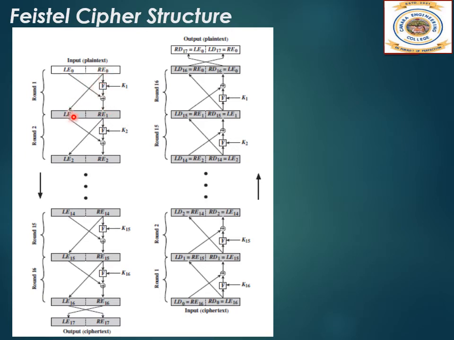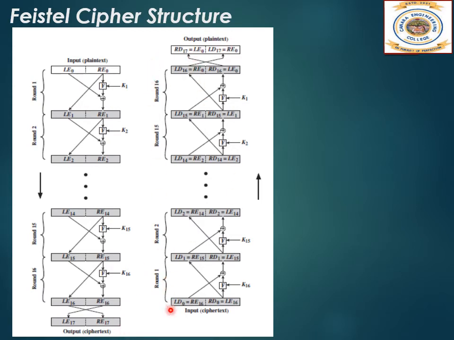So the right half is taken as the left half, and whatever output you get after the substitution performed on the left half will be taken as the right half for the next stage of operation. This structure is a particular form of the substitution-permutation network proposed by Shannon. Similarly, in this way 16 rounds are performed and finally you get the ciphertext.